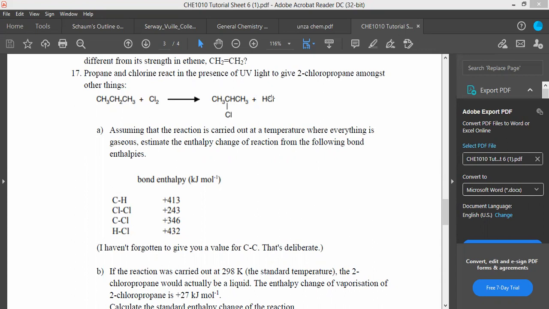So does that answer? Yes, sir. So when calculated, we just take the summation of the broken bonds and the bond formation. In this particular case, you've not been given enthalpies of bond formation.